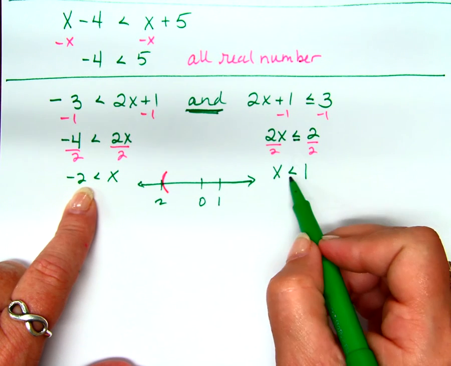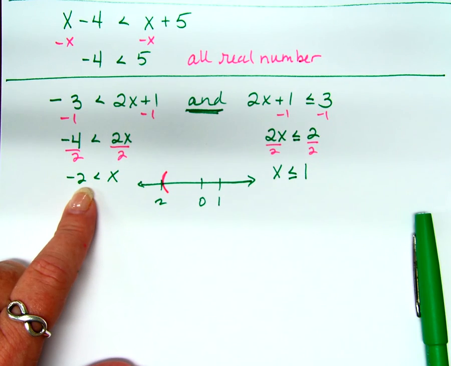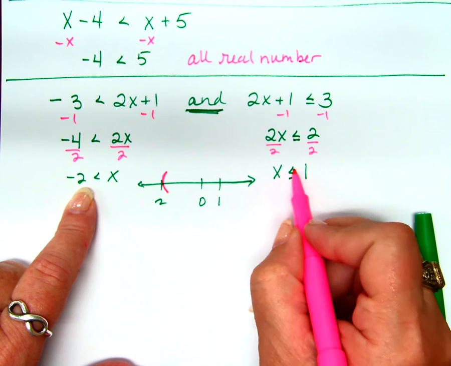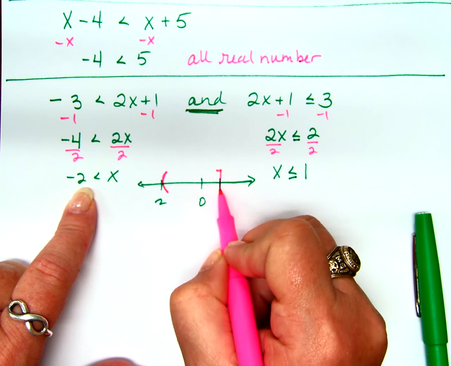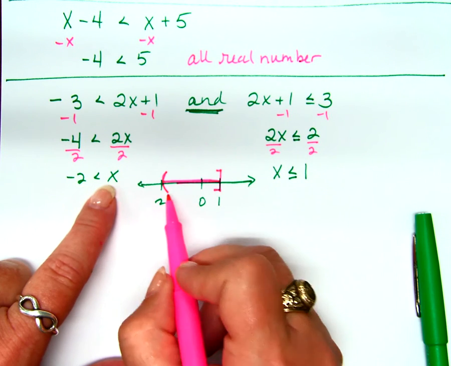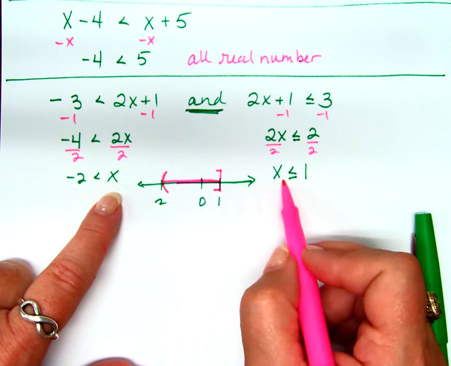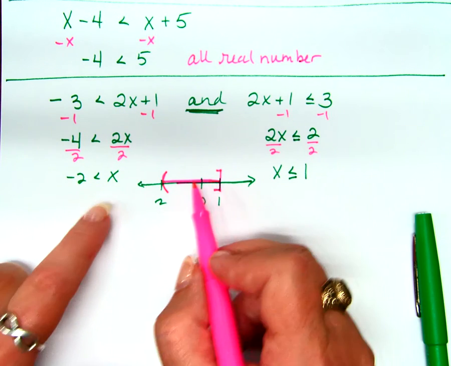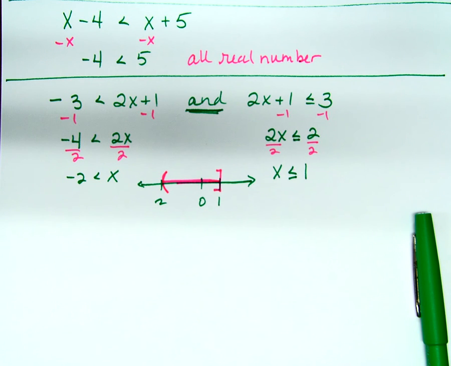I just forgot to drag the or equal to along. Thank you. x is less than or equal to 1, so this is definitely a bracket right here. And then because it's greater than negative 2, it shades to the right. Because it's less than 1, I shade to the left, so I end up shading in between them. Okay? Is that what you were asking? Okay, good.